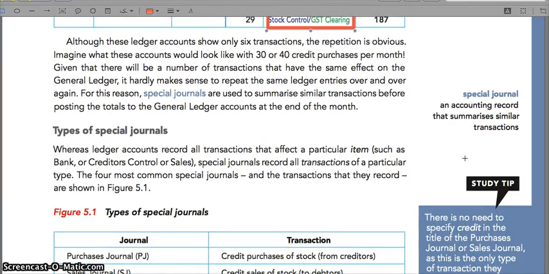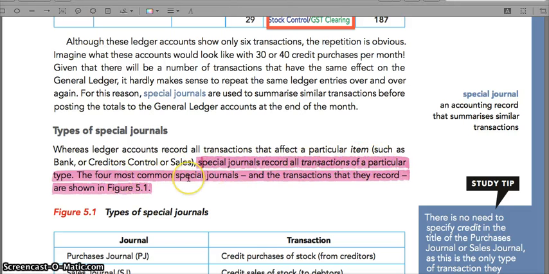So what the special journal does is it records all the transactions of a particular type.